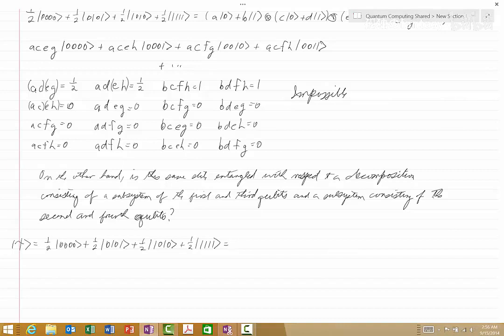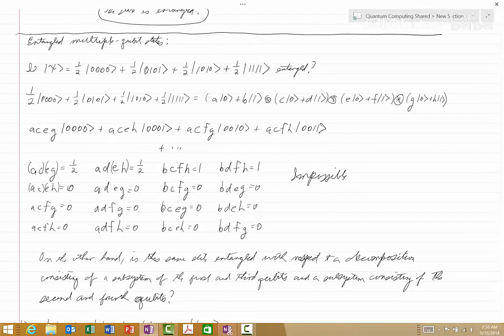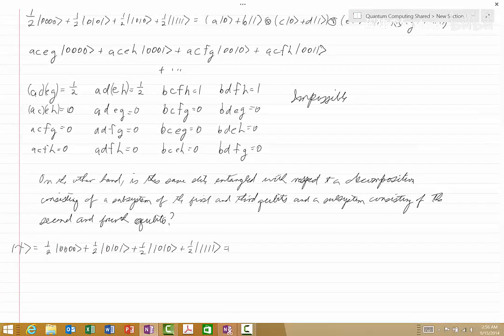Now, let's think about this. When we have subsystems that are just 1 qubit, then the basis for that subsystem consists only of 2 states, a superposition of 2 states. But when we have a subsystem with 2 qubits in it, then the basis must have 4 states.